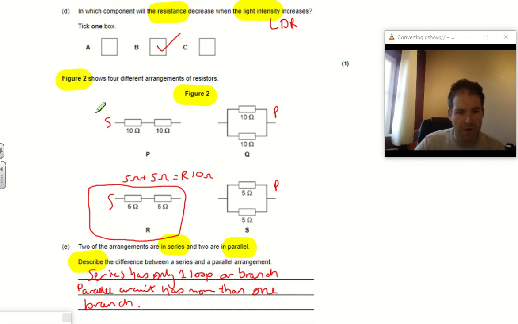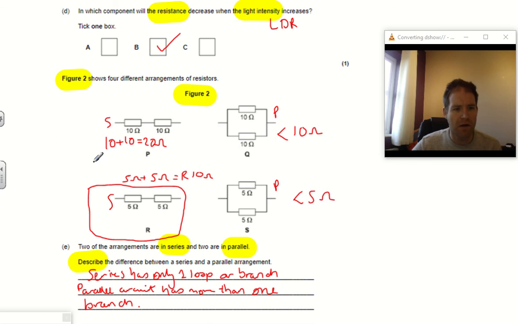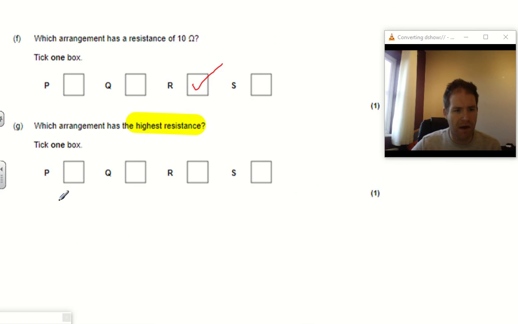Well, this one must be 10 plus 10, which equals 20 ohms. We've already worked out that 10 ohms. This one is less than 10, lower than the lowest. This one is less than 5 ohms. So the answer must be P in this case, because 20 ohms is the largest. So we can say that that is P.